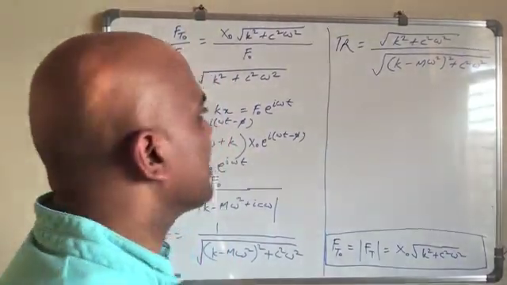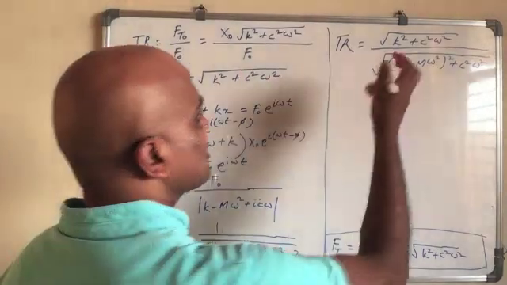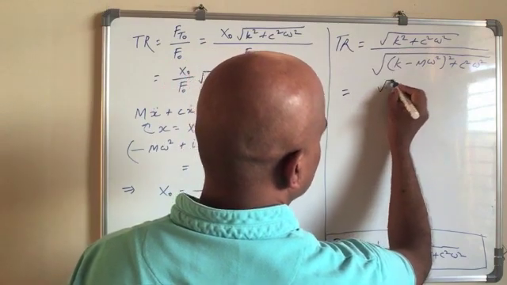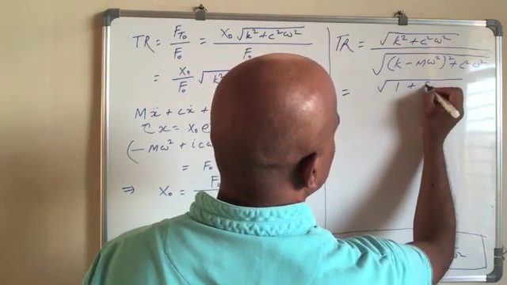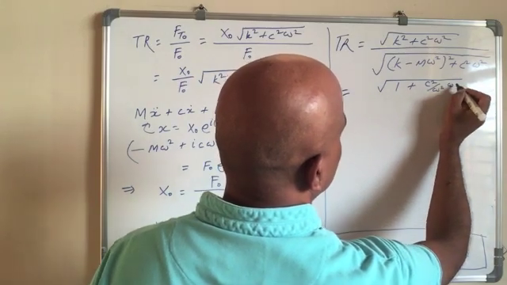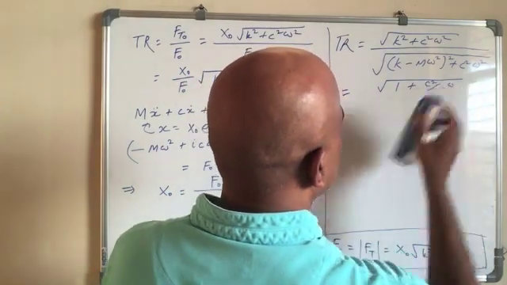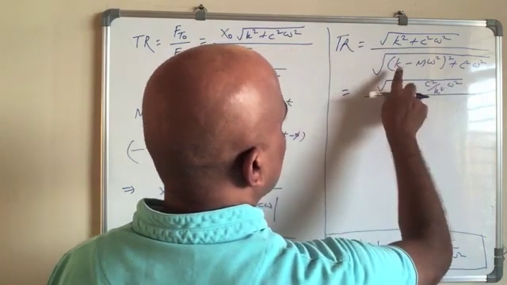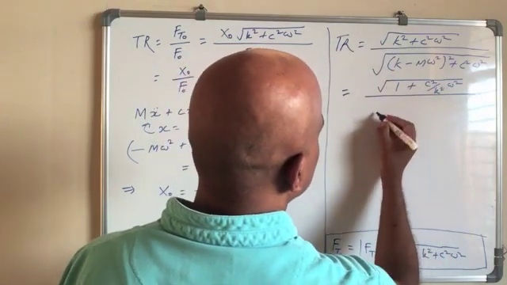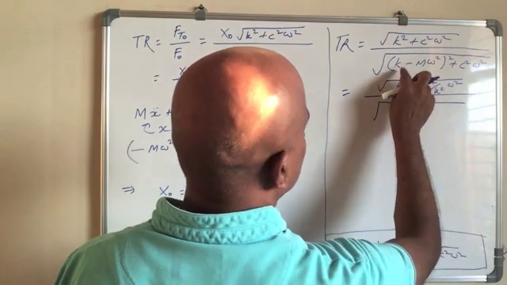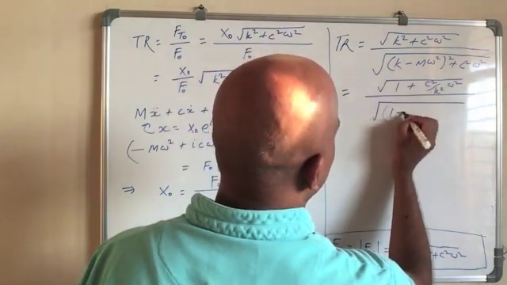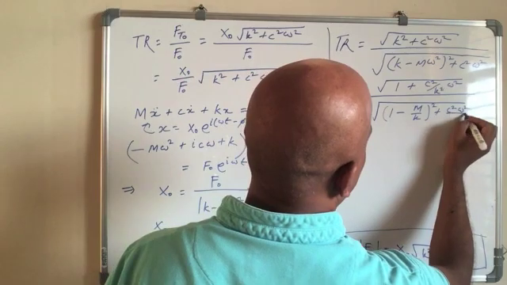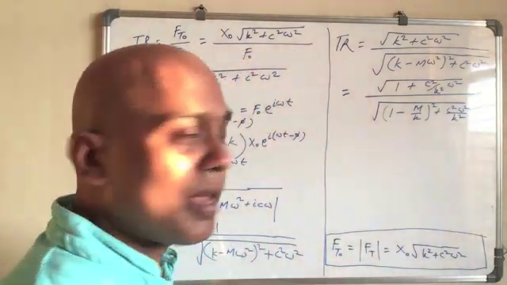So let's now write it in terms of omega n and zeta. We can take k out, so what we get is root of 1 plus c squared omega squared over k squared, divided by, similarly, root of (1 minus M omega squared over k) squared plus c squared omega squared over k squared.